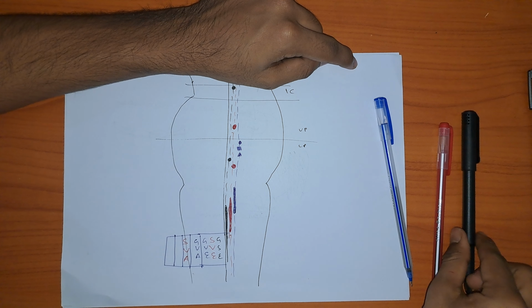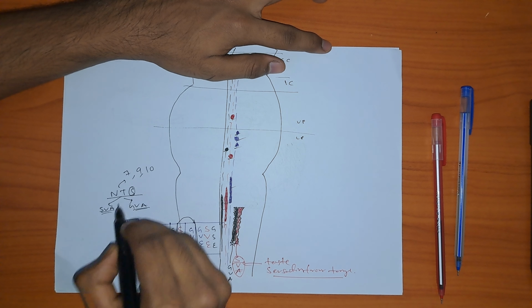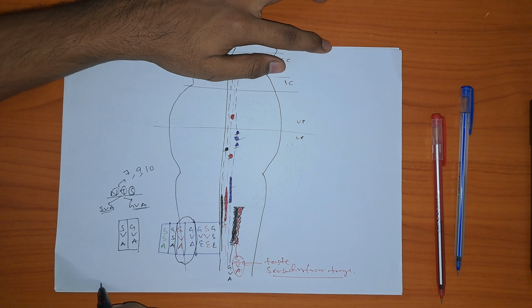By special, we understand it is a pharyngeal arch derivative. The tongue is derived from pharyngeal arches, so it carries taste sensation from the tongue. So which nerve components does it have? It has the 7th, 9th and 10th nerve components.